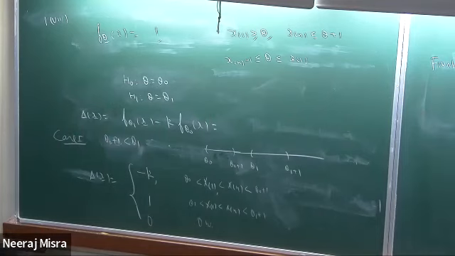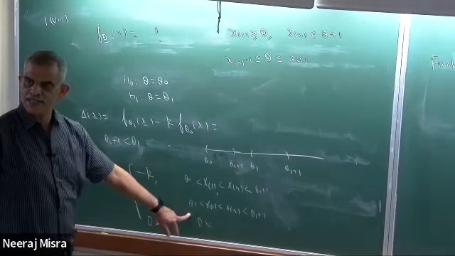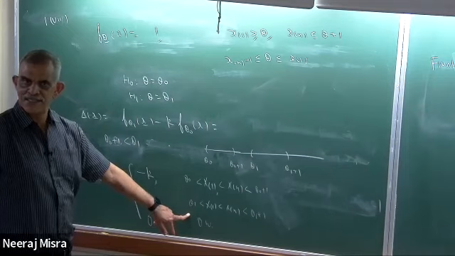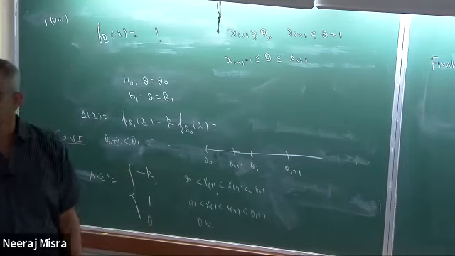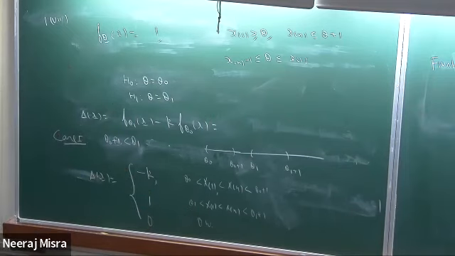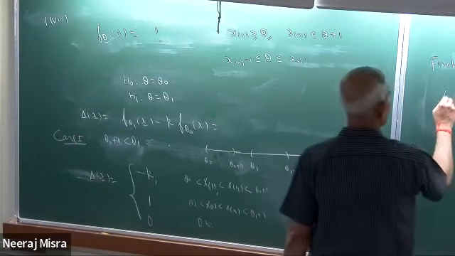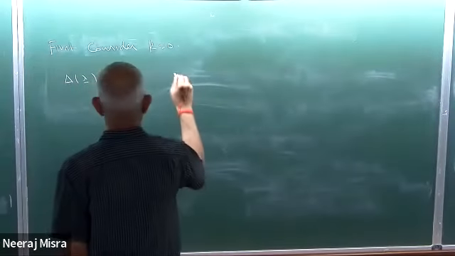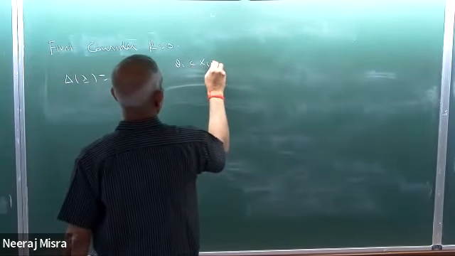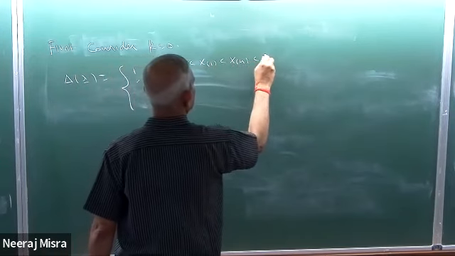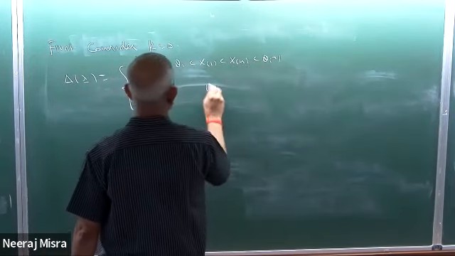K is equal to 0 means it would be 1 only when this happens, and 0 otherwise. So you take delta x to be 1 if theta 1 less than x1 less than xn less than theta 1 plus 1, 0 otherwise.